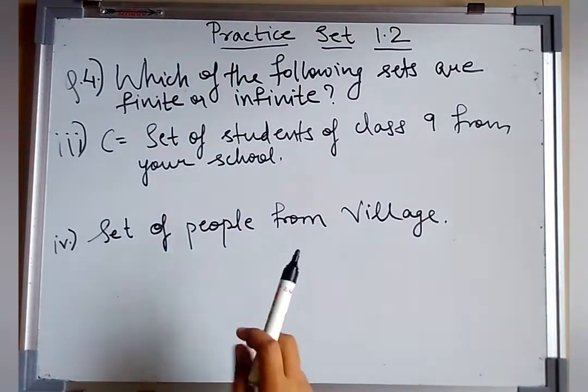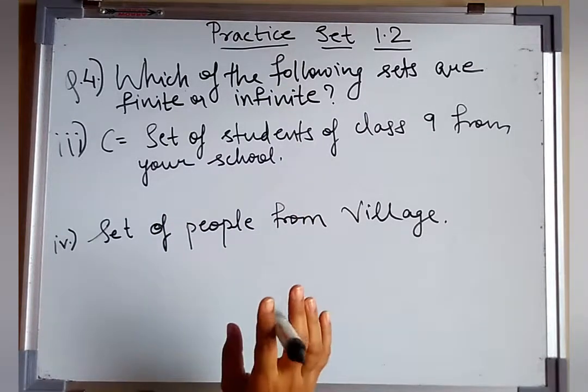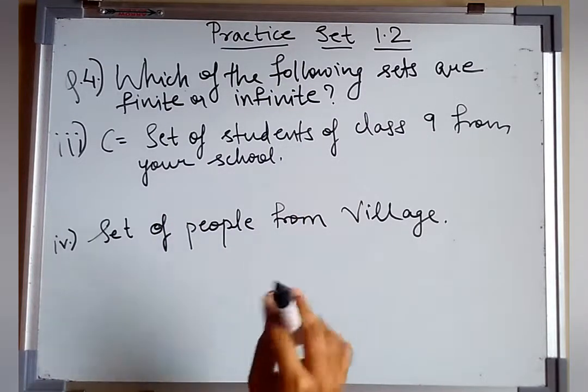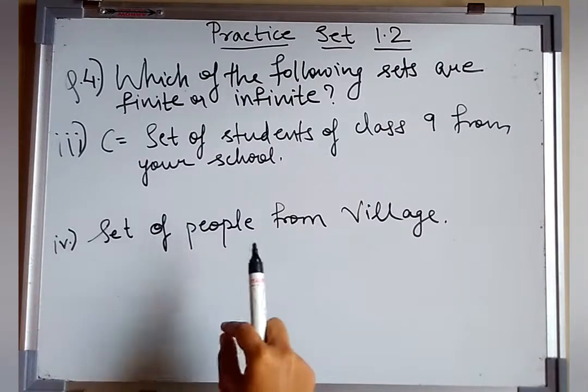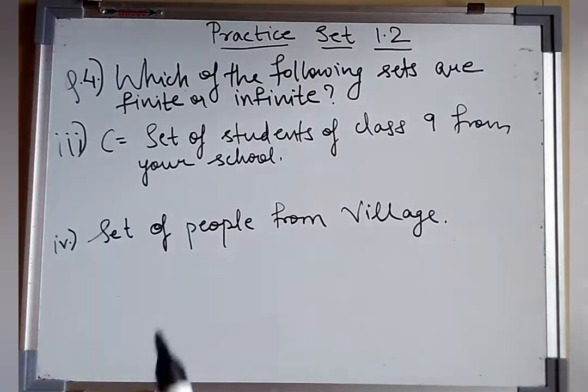In your class, you know the strength of your class, right? Your teacher may be taking attendance daily and she definitely knows how many students are there in your class. That means there are a limited number of students. There is a count for it. Your class strength may be 60, 62, 65 and in some schools it is much less, 20, 25.